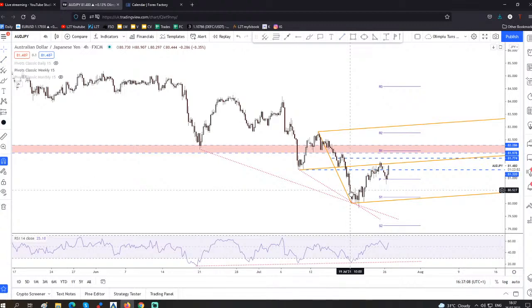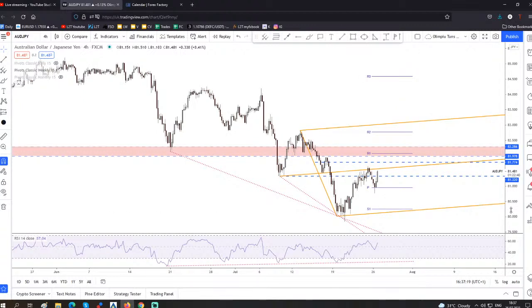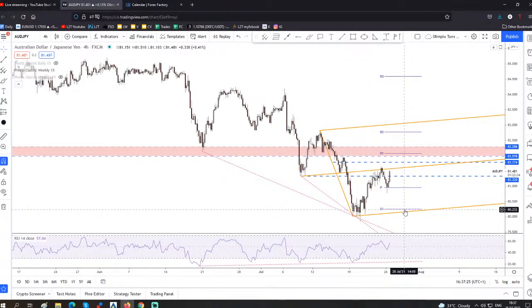Yeah, so a bullish divergence, sorry, signaling maybe an oversold condition, something like a potential rebound, reversal.